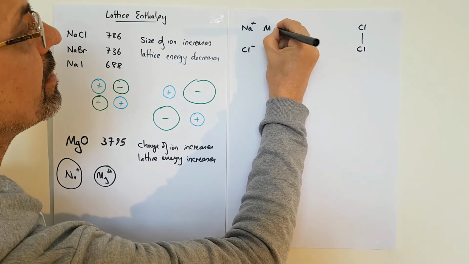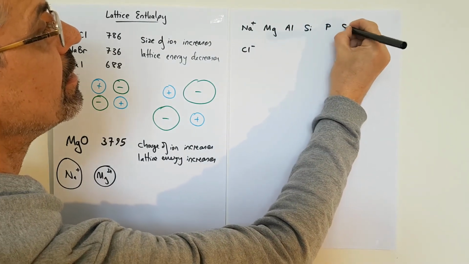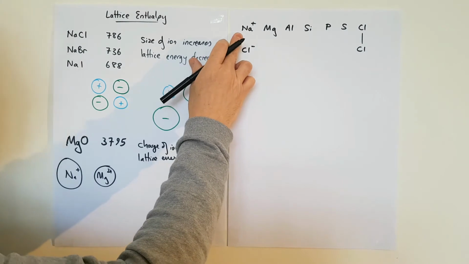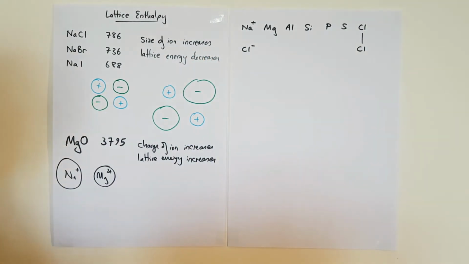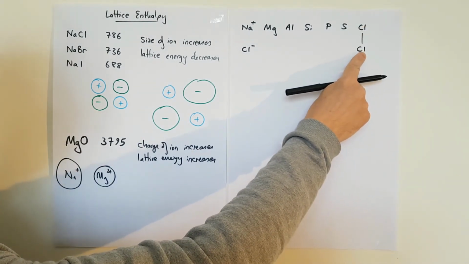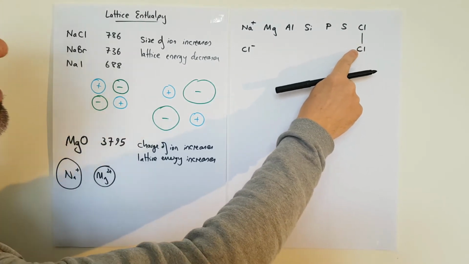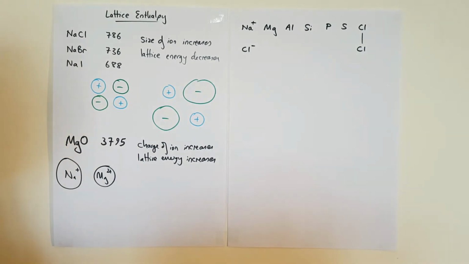If we put in the remaining atoms here, going across that period, then sodium's the most electropositive or the least electronegative, chlorine's the most electronegative. If we put chlorine with chlorine, of course it's got a perfect share of the electrons, because they're both the same atom with the same electronegativity.